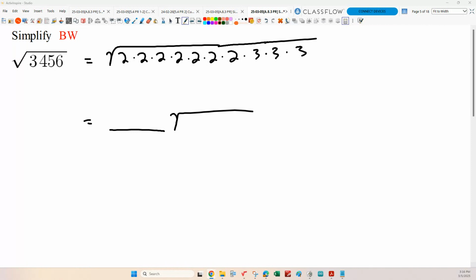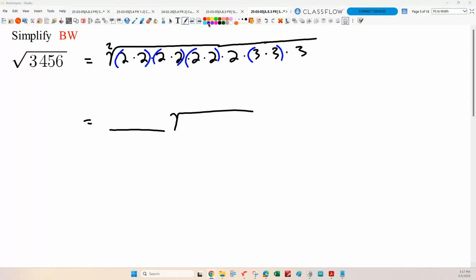Once I get the string of factors all written out, because this is a square root, we're looking for couples. So there's a couple, there's a couple, there's a couple, there's a couple, right? And so what do we get outside?